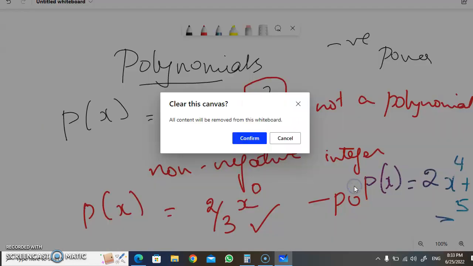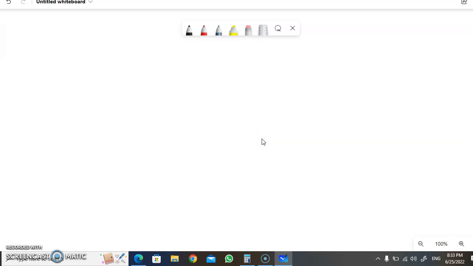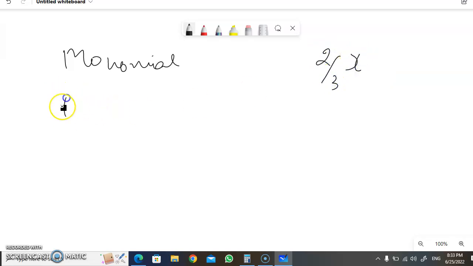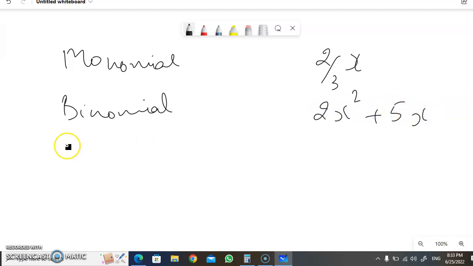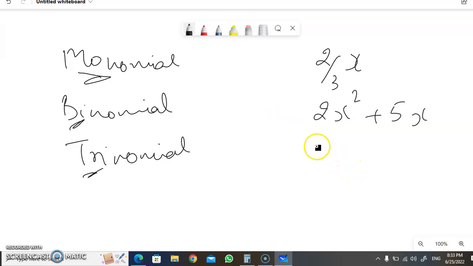But if it has only a single term, we call such a polynomial a monomial, like 2 by 3x. Then binomial. Binomial means polynomial which has two terms, like 2x square plus 5x. Trinomial, which has three terms. Tri means 3, bi means 2, mono means single. Remember it in that way, it will be easy for you.